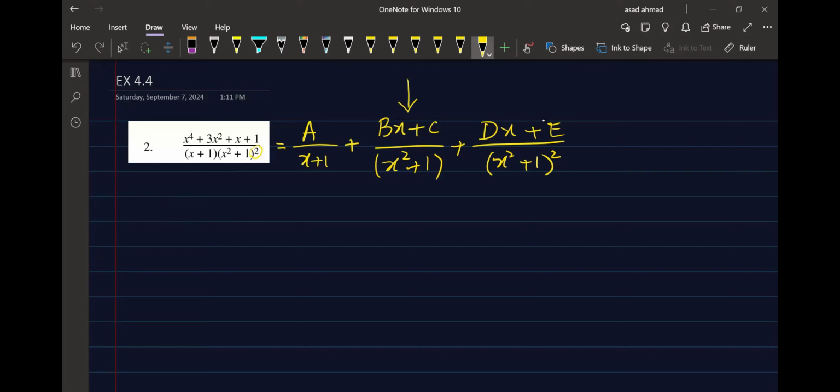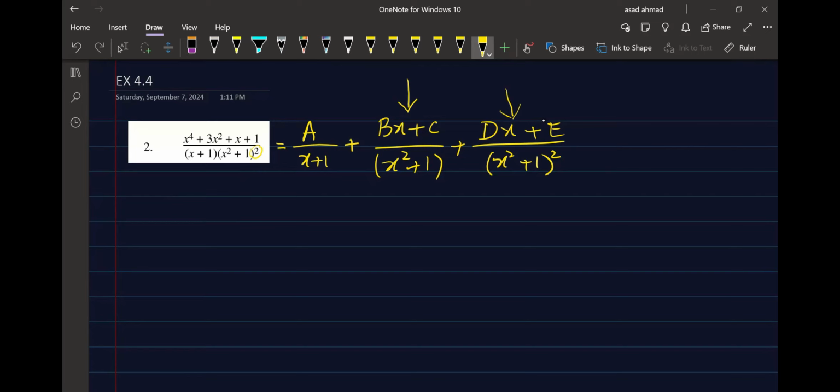Quadratic terms x square plus 1 and x square plus 1 whole square will always be written in this format. So this is type number 4 of the partial fractions, when we have repeated irreducible quadratic parts, meaning that those cannot be converted into linear factors. So this is the requirement.